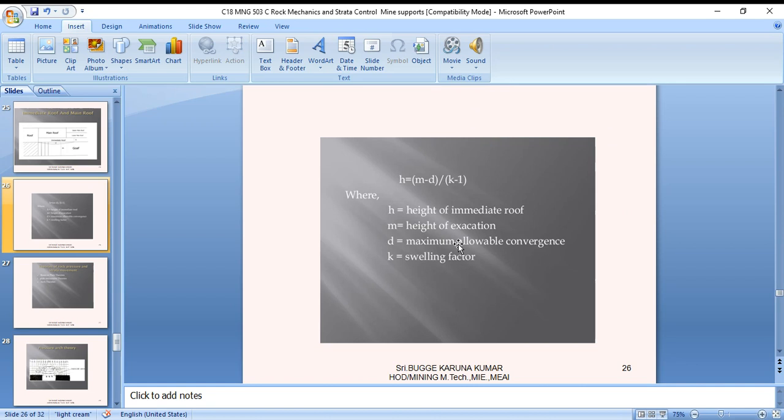So this is the generalized formula: h equals m minus d divided by k minus 1, where m is the height of extraction, d is the maximum allowable convergence, and k is the swelling factor or bulk factor.